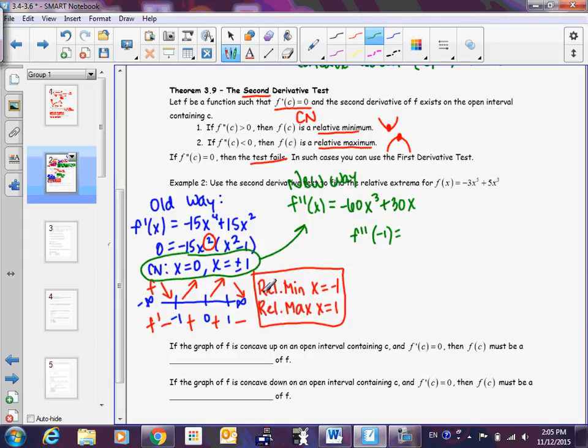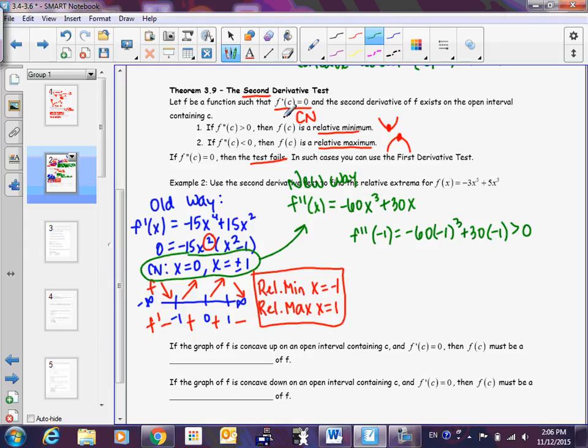I already know it's a min, so I should get that same result. If I plug -1 in here, I have -60 times -1 cubed plus 30 times -1. And you don't really have to crunch all these numbers, but you need to do enough to figure out if this thing is positive or negative. So -1 cubed would be negative, times -60 would be positive. So this whole result would be positive, right?